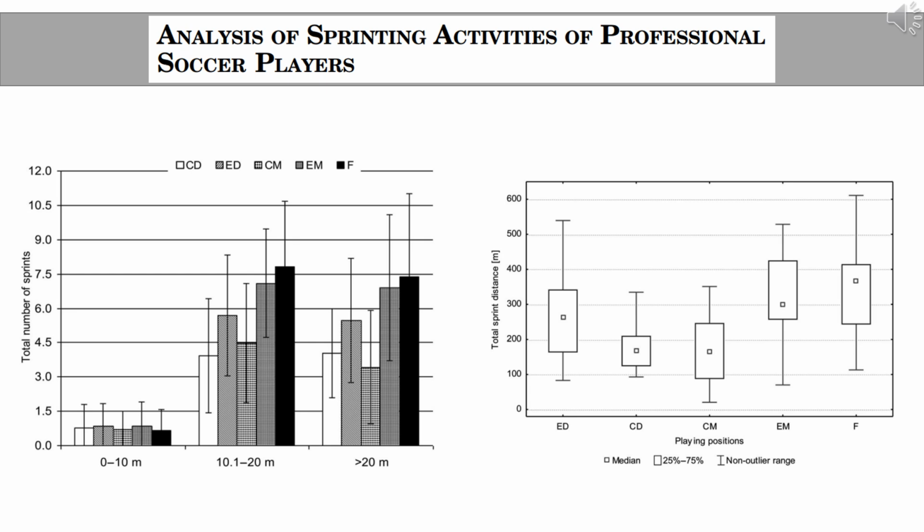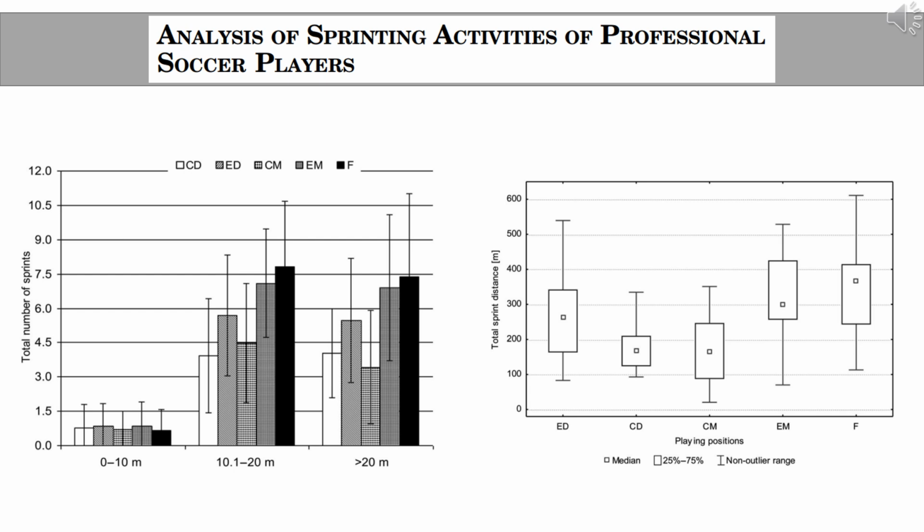And what we can see is, typically speaking, that 10 to 20 or greater than 20 meters as the number of sprints performed in a game happen much, much more than the shorter distances of 0 to 10. If we break it down via playing position, typically we can see that our forwards, our centre forwards, produce the greatest number of sprints in games, which if we start thinking about the demand of that playing position, it's probably not a huge surprise.